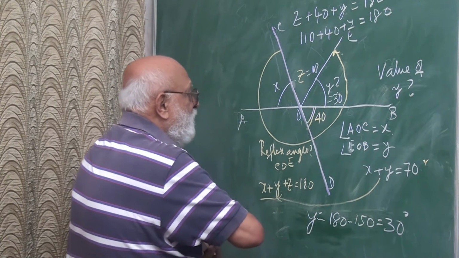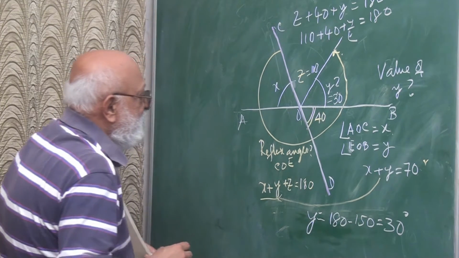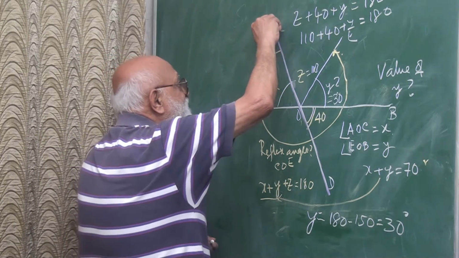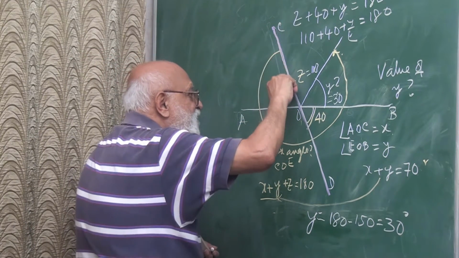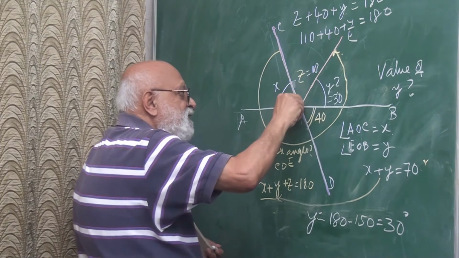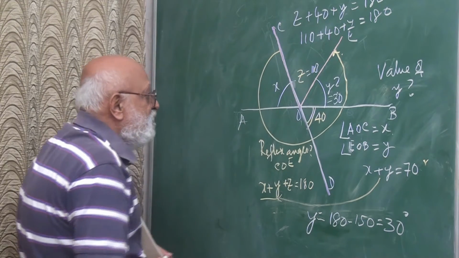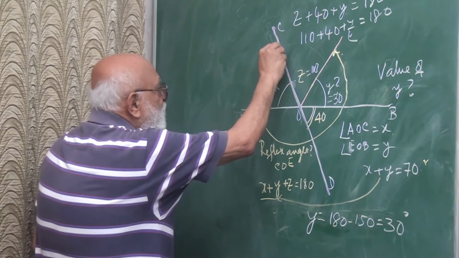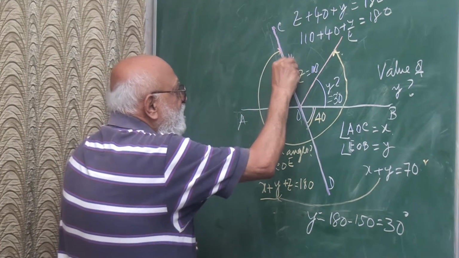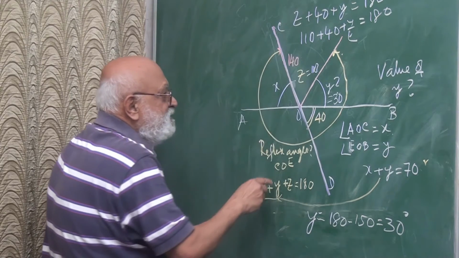Now we have to be very careful. Which angle has he asked for? He has asked for the reflex angle. Let us identify its arms. So these are the two arms of this particular angle. I will be starting from here, at 140.